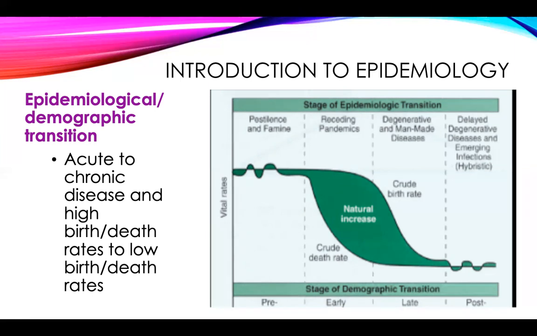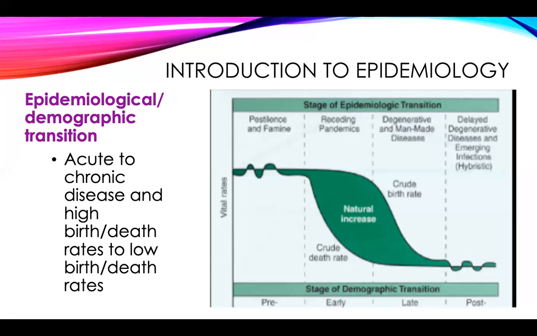So you have societies that go from suffering from these high mortality rates due to acute diseases to societies where now there is a lower death rate. People are more likely to die from chronic diseases, and they're able to live with those diseases, control and manage them for a much longer time period. And so we talk about societies going through this transition.